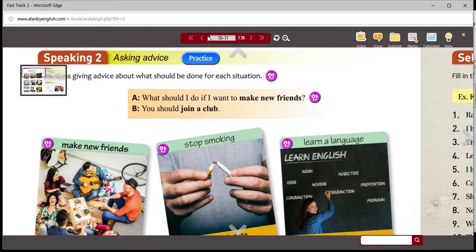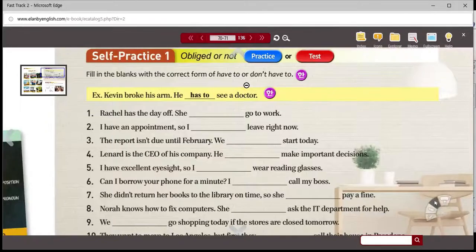All right, we're going to continue. Let's go to page 71, and we're going to look at some language. All right, page 71. This is a good exercise. We're going to be looking at things you may be obligated to do or not. Okay? So it says at the top here, fill in the blanks with the correct form of have to or don't have to.